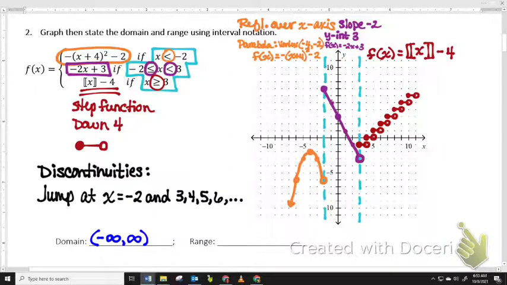What about our range? Negative infinity, I absolutely agree with. That would be coming from over here. I see I can get up to here, up to -2 on this parabola.